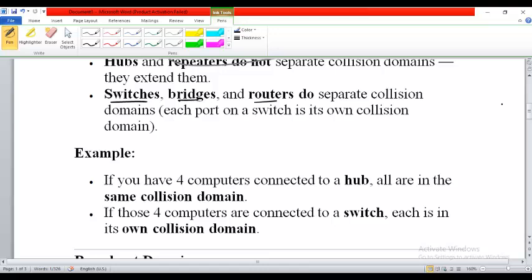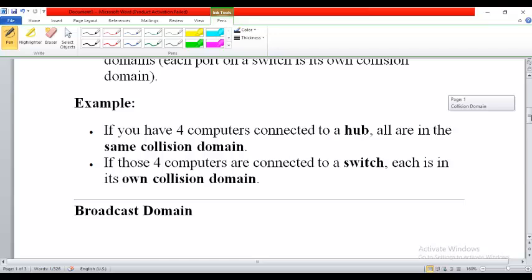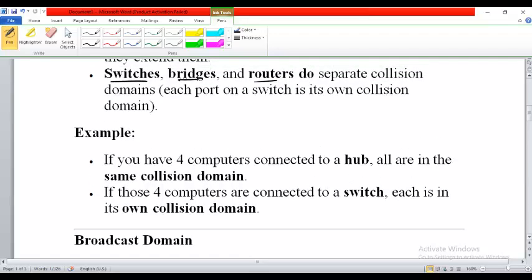In switches and bridges, they learn MAC addresses. Because they learn MAC addresses, the switch knows who is connected where. So they can form a dedicated path that avoids collision.